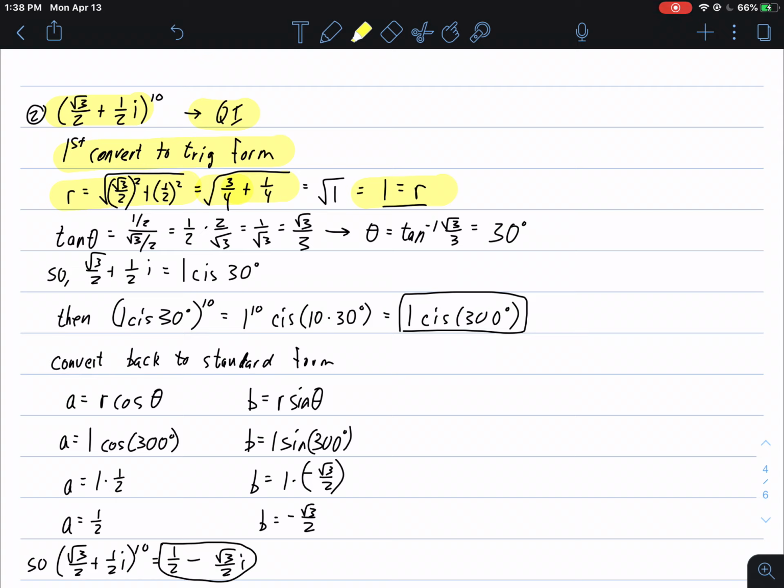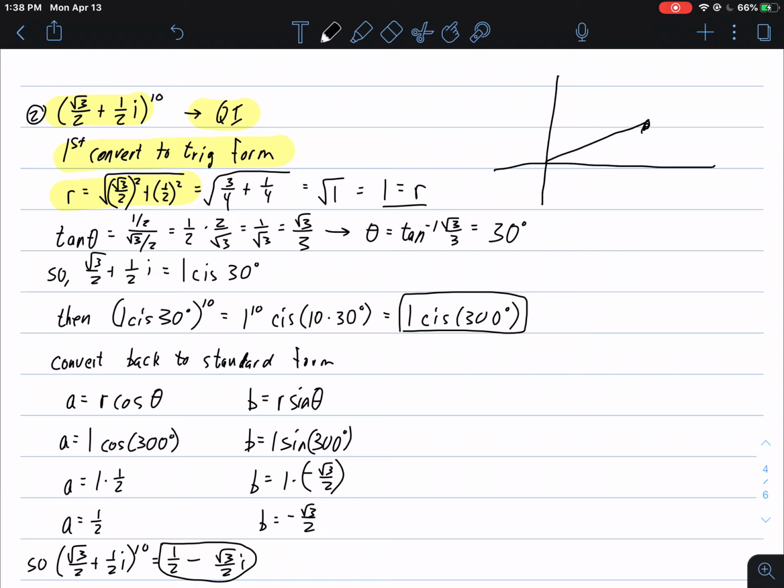Because, remember, if we take this point and plot it in the complex number system, square root of 3 over 2 is my a, 1/2 is my b, or square root of 3 over 2 is my x, 1/2 is my y.